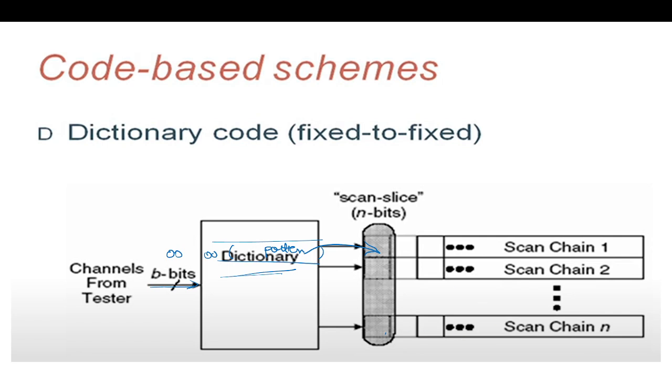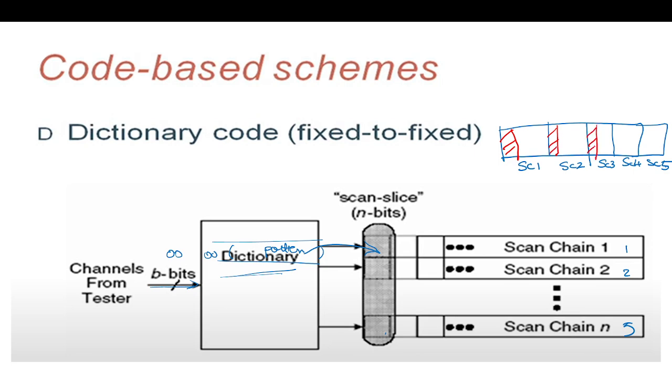And so what is the scan slice? If I have a scan chain, say this is scan chain 1. So now I have say five scan chains: 1, 2, 3, 4, 5. So this is my second scan chain, third, fourth, and fifth. So this first cell, and in this the first cell, these first scan cells represent the slice 1.